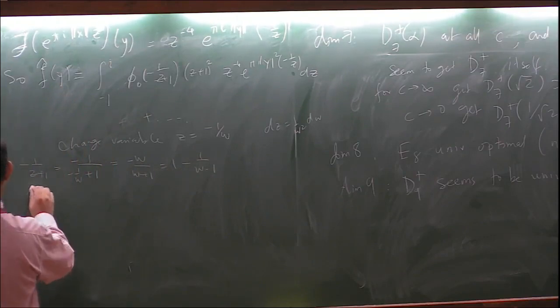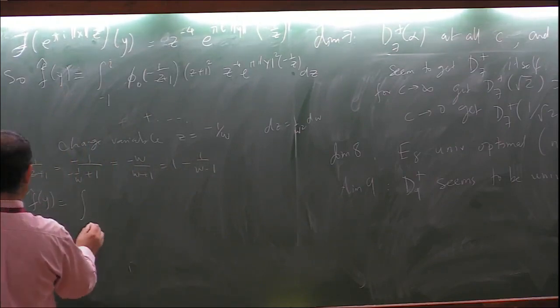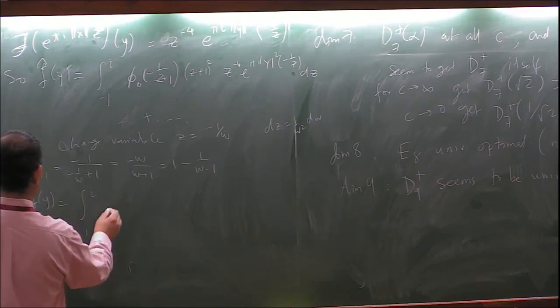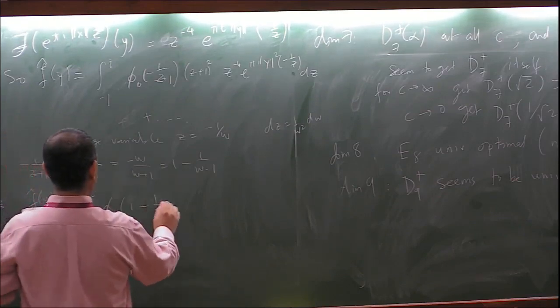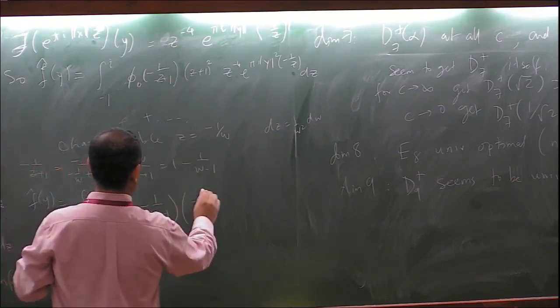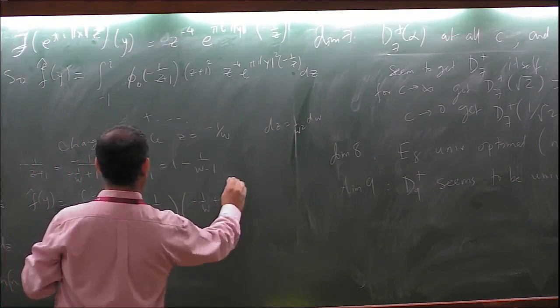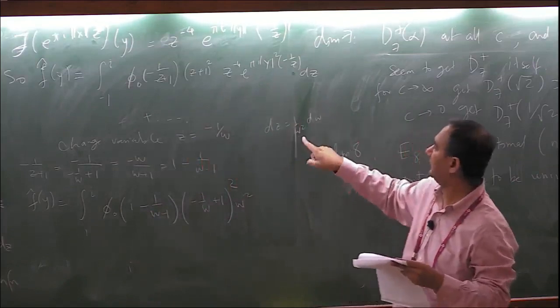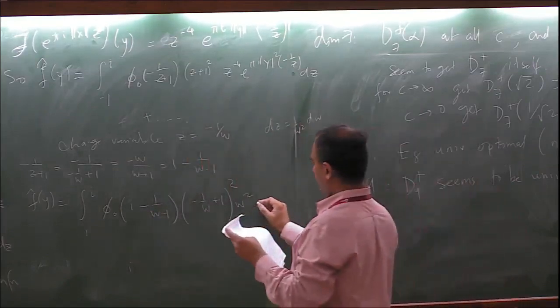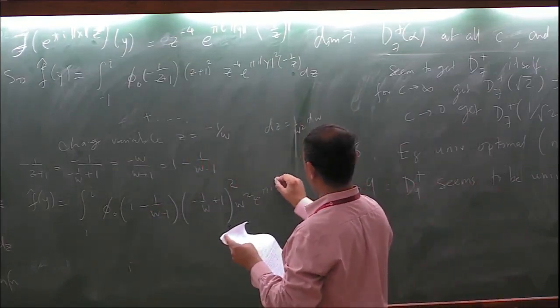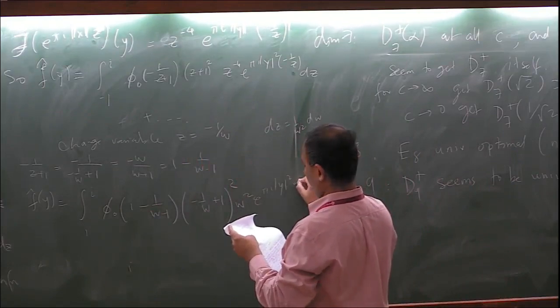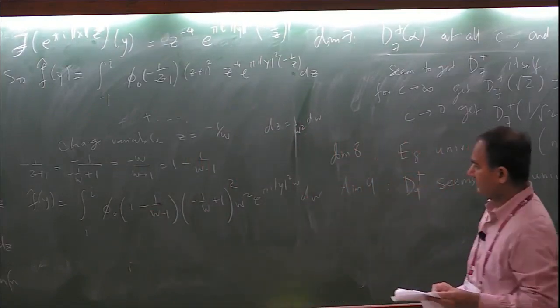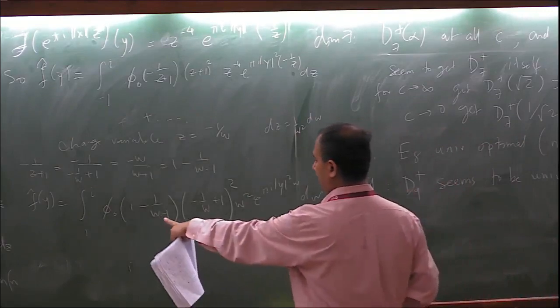So f hat of y then becomes a sum. So the first term looks like minus 1 to y, phi 0 of 1 minus 1 over w minus 1, minus 1 over w plus 1 squared, w squared. So the w squared comes from w to the fourth times 1 over w squared, e to the pi I y squared w dw. And okay, what does this mean?